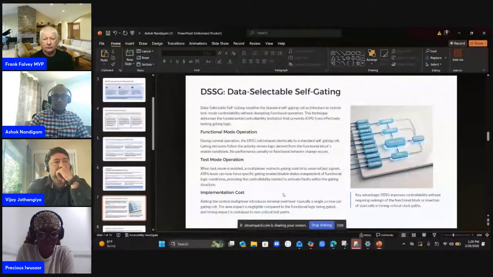A self-gating cell is a better gating cell, where it will directly enable and disable the clock based on the transactions on the data path. Usually the data path and the clock paths are different in the design, because the clock paths are used to propagate all the clocks over the design, and based on the clocks the data are captured.